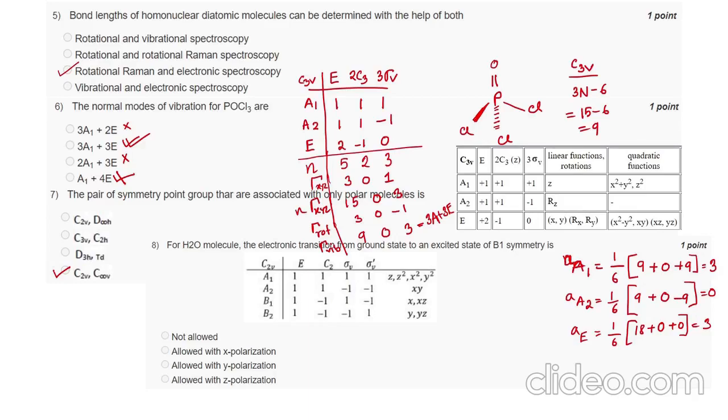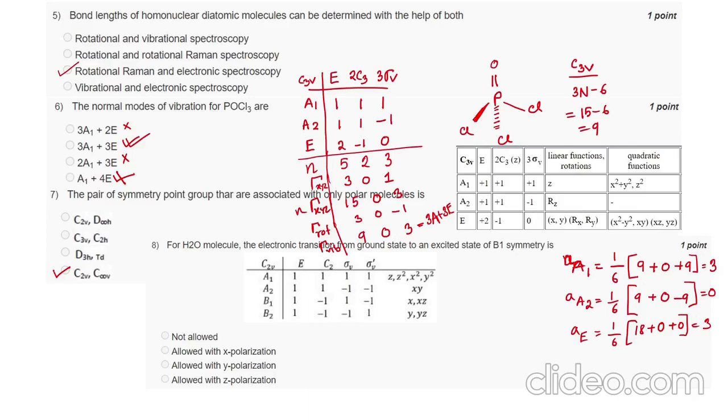Okay. Now question number 8, for the water molecule, the electronic transition from ground state to an excited state of B1 symmetry is... The C2v point group is given, and it is said that the electronic transition from ground state to excited state is B1. Then is it allowed or not?